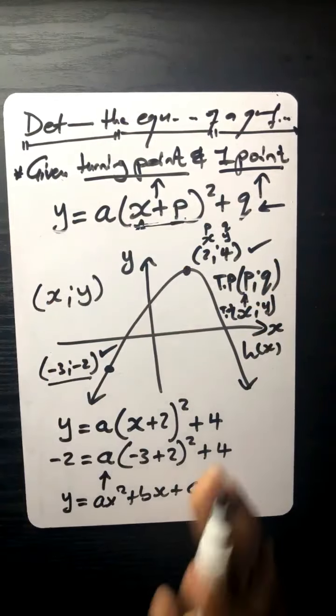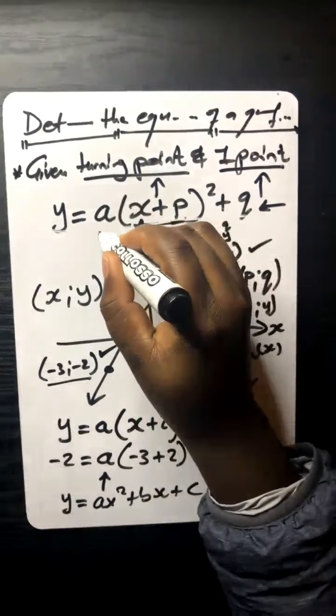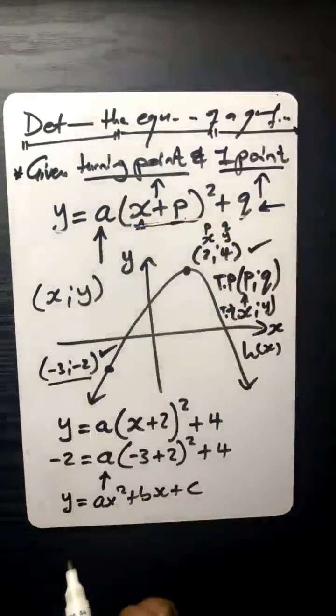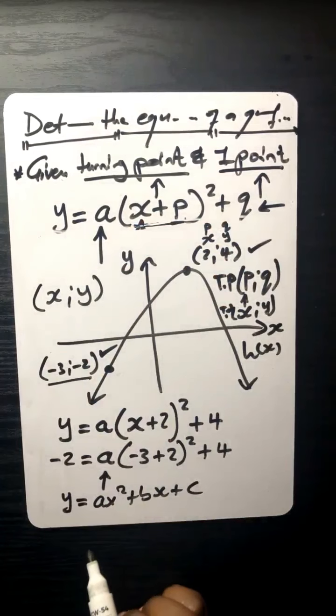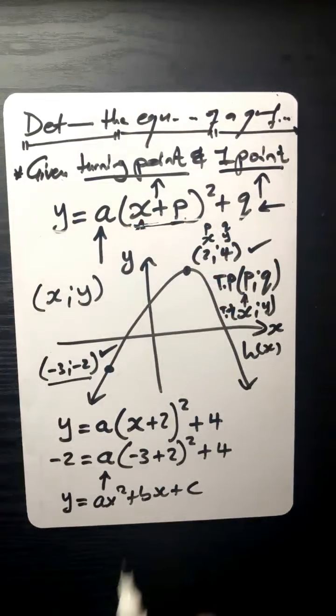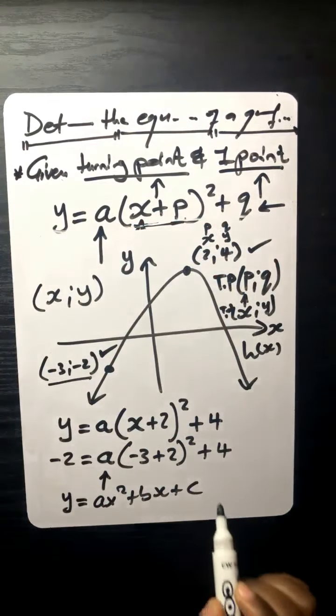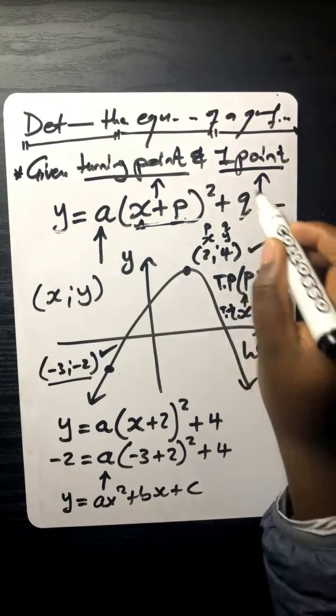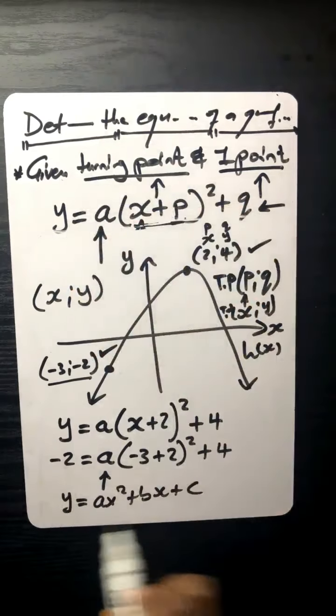So a secret here is that you just need to calculate the value of a. Then once you have calculated the value of a, you will be able to write an equation either in that form or in this form.